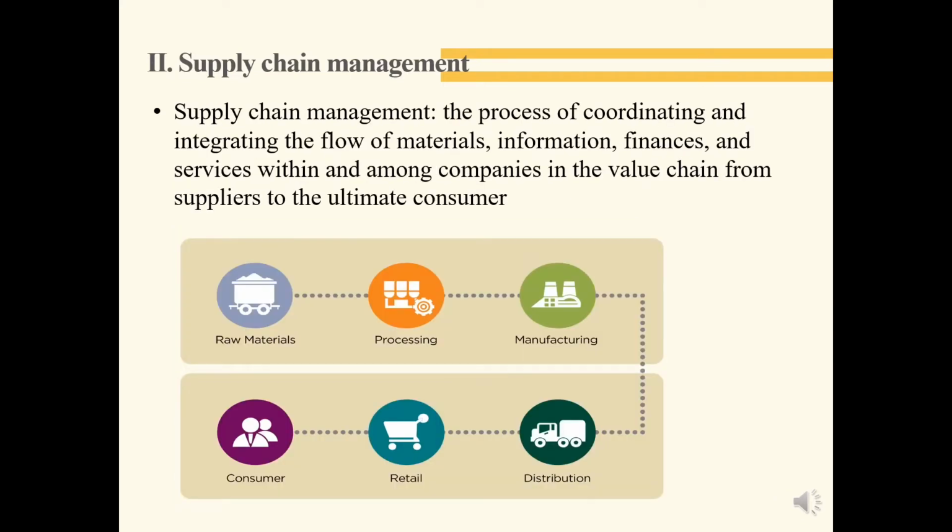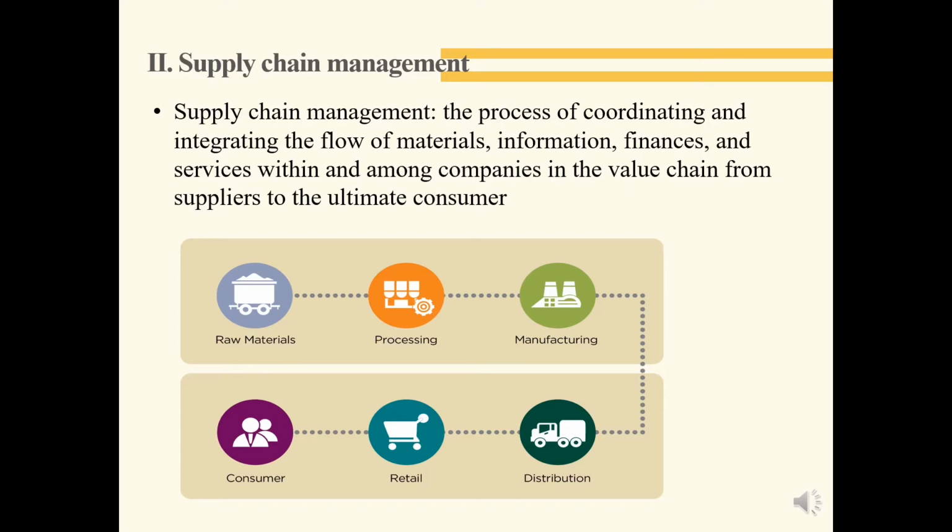Second, we'll have a definition of supply chain management. It is the process of coordinating and integrating the flow of materials, information, finances, and services within and among companies in the value chain, from suppliers to the ultimate consumer.